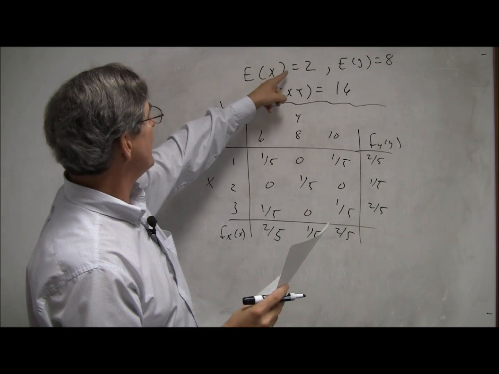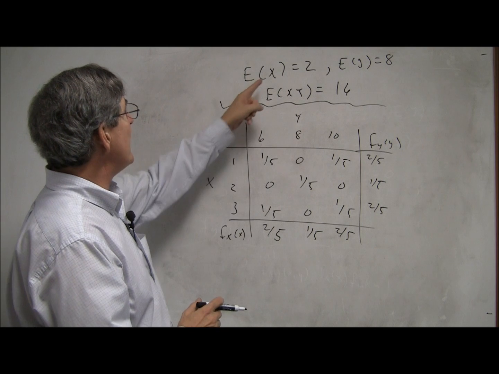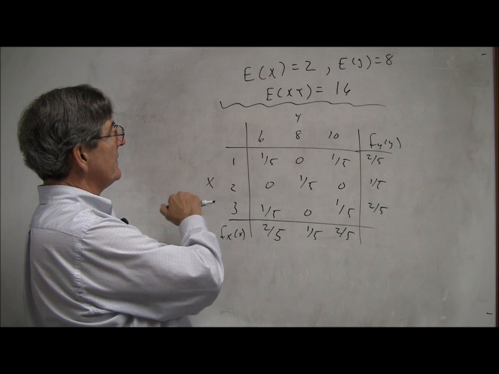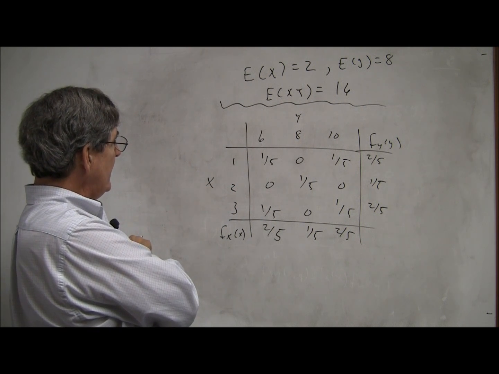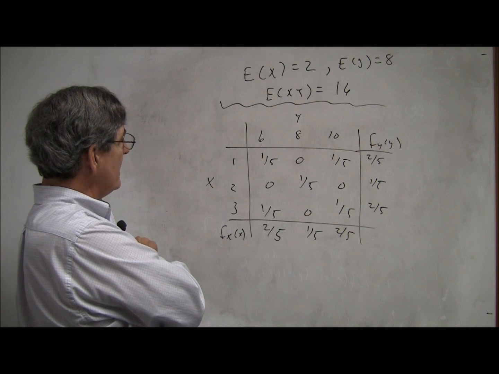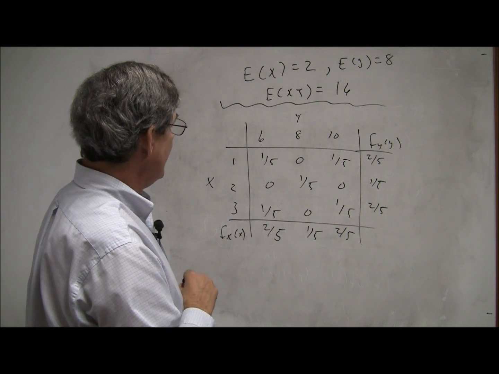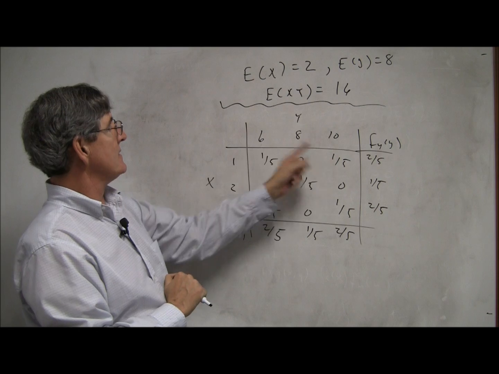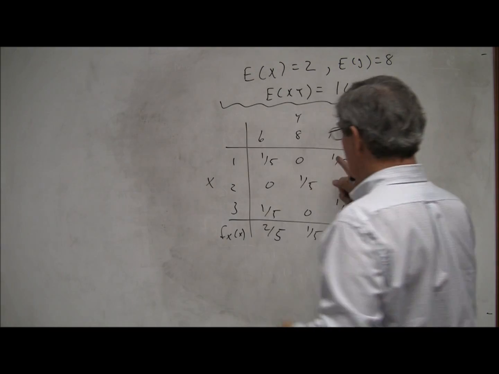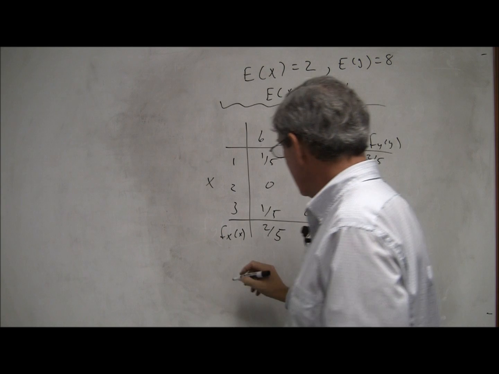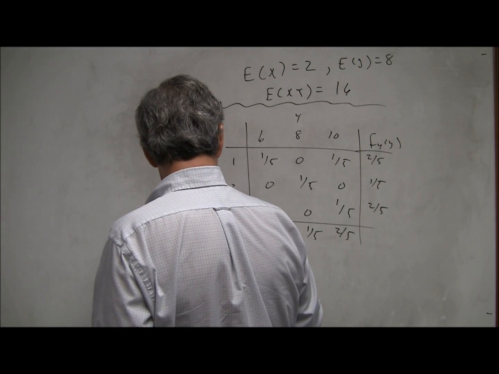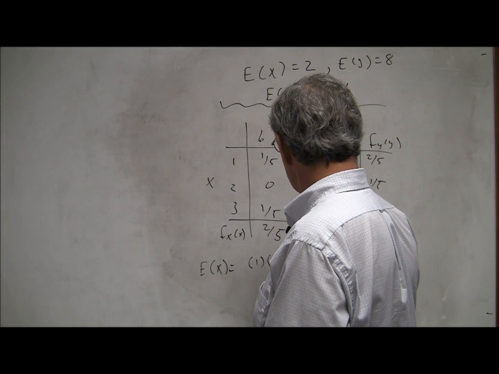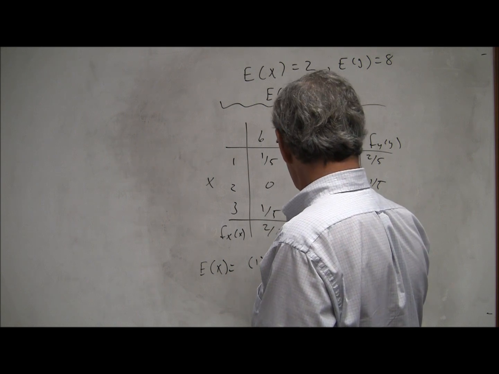Now, how do you get the expected value of x? Well, the expected value of x is just the probability of x times the value. So what's the probability that x equals 1? It's this plus this. I don't care what the y values are. The probability that x equals 1 is 2/5. So to get the expected value of x, we take the sum of the probabilities times the outcome. The outcome is 1 and the probability is 2/5. What's the probability that x equals 2?